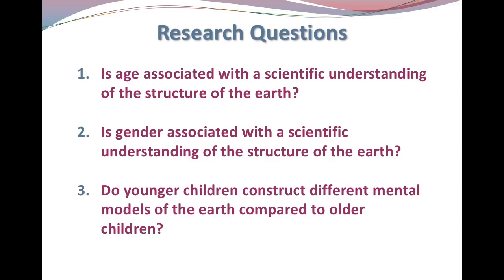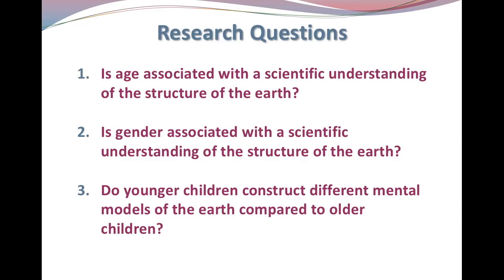The first question, I suppose, depending on your reading, could have gone either way, but most likely the evidence that you found in the literature would have suggested that a plausible prediction would be that older children would use a sphere model more often than younger children, or older children would endorse a sphere model of the Earth more often than younger children, or you might have phrased it in terms of proportions or percentages.